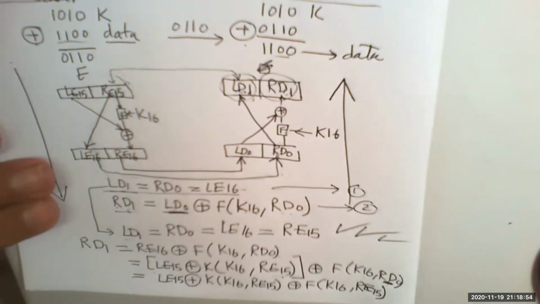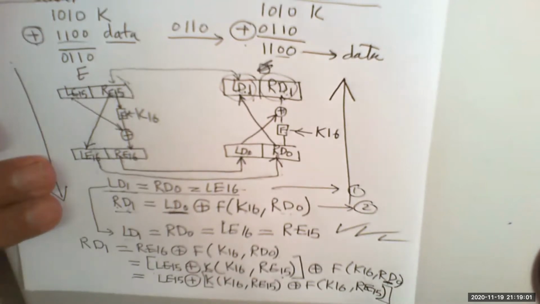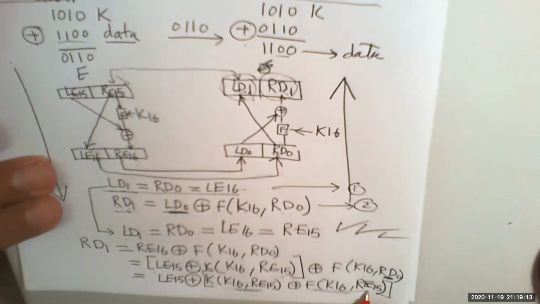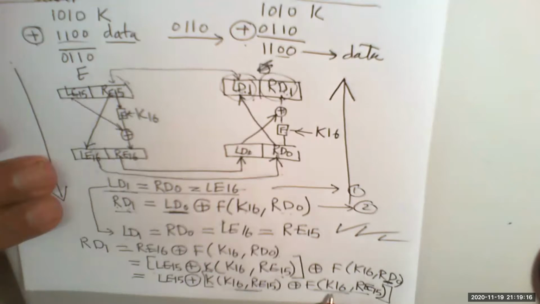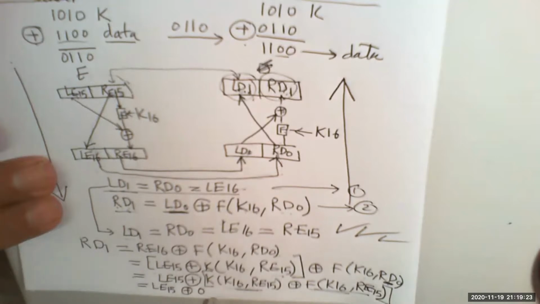Now, the final step. I have now something XOR something. If we have XOR and the left hand side of XOR is the same as the right hand side of XOR, this means the output is 0. So LE15 XOR 0, the output depends on LE15.